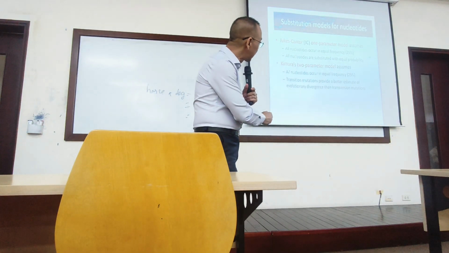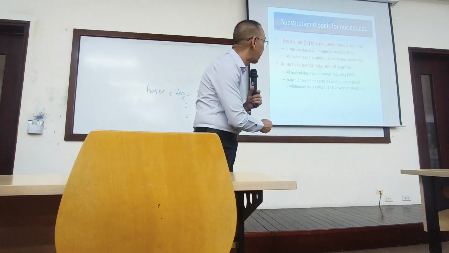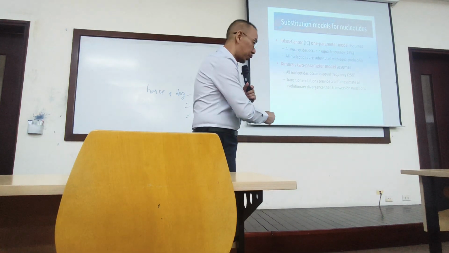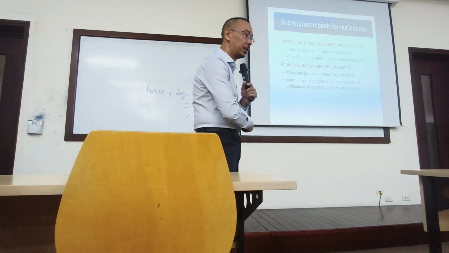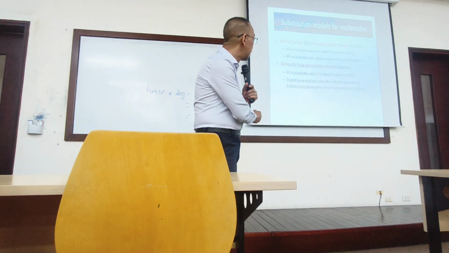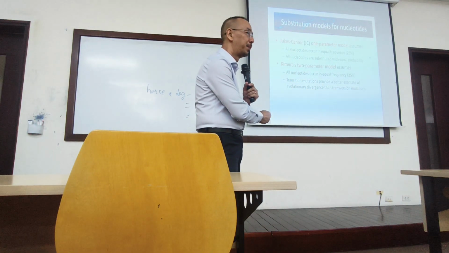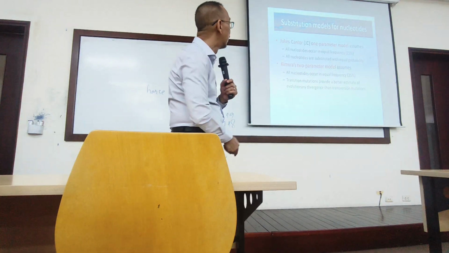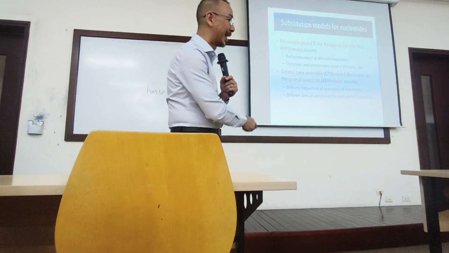And then the other assumptions are more complicated. Transition and transversion mutations are treated differently, showing the difference between transition and transversion. But the nucleotide mutations occur at the same frequencies here. And then we continue with the other model, more complicated.